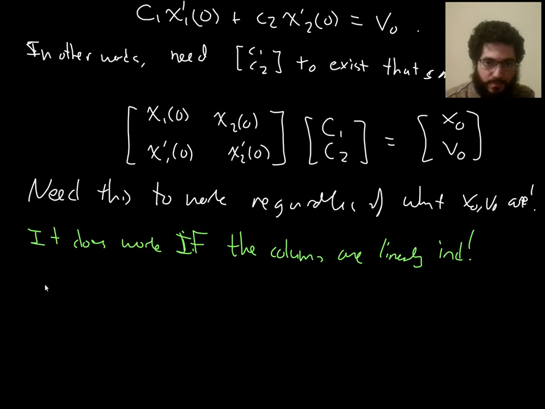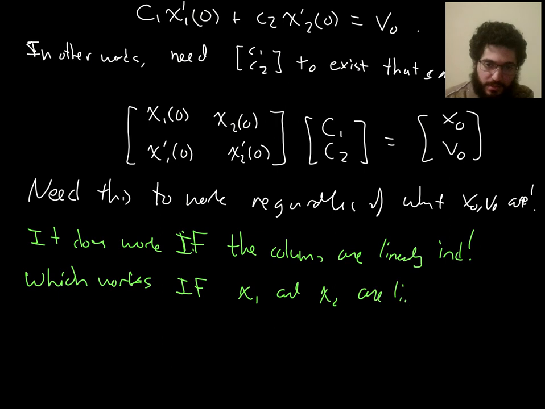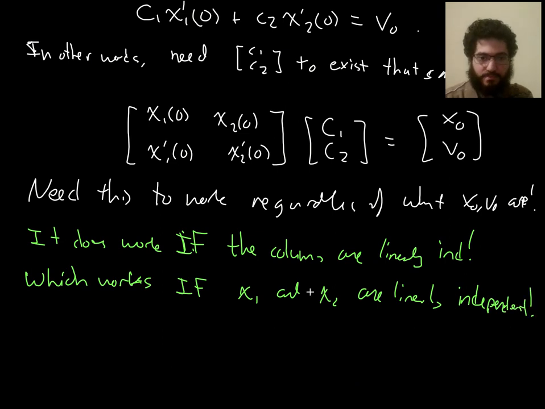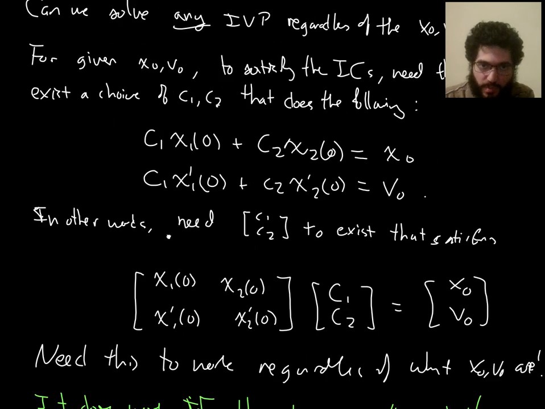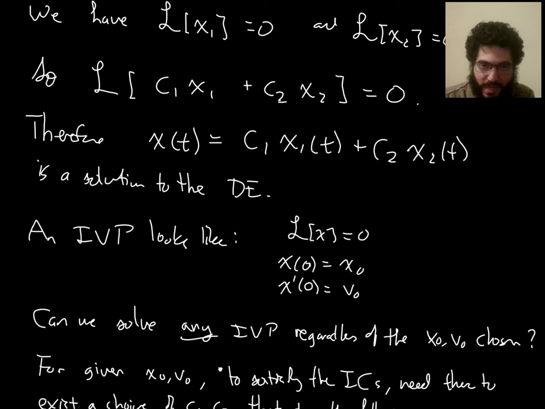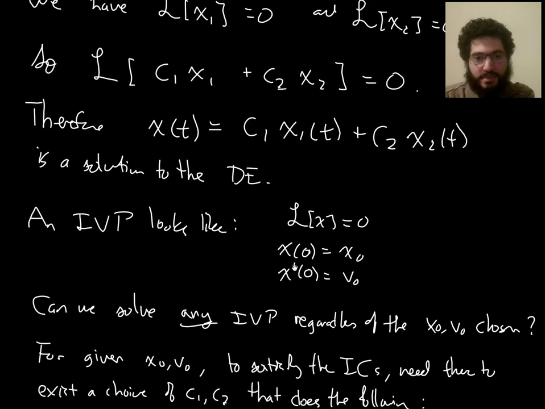So I'll say, this works if x1 and x2 are linearly independent functions. Remember what I said earlier, when I was saying there's a two-dimensional space of possible initial value problems.